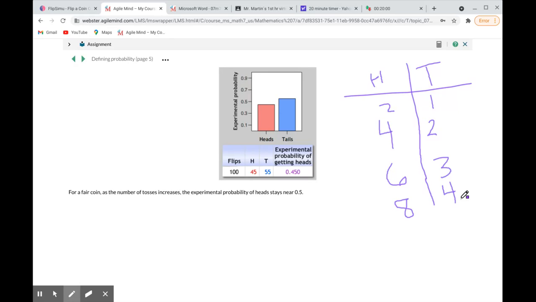So when you're looking at this, it said, how could you find out the new probability? So how could you do that?